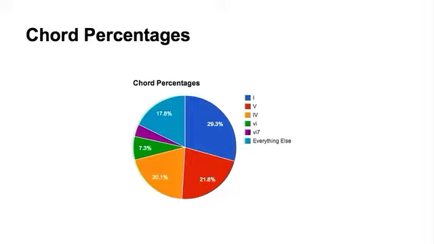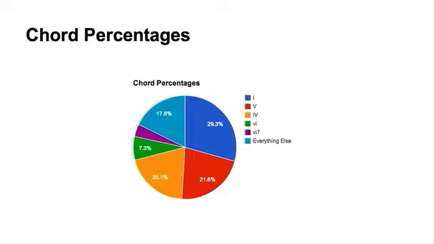And then that little purple wedge there is a 7th chord, or a 7 chord built on the 6. So a 6/7 is how you would say that. So if you're in the key of E, that would be C sharp minor 7.